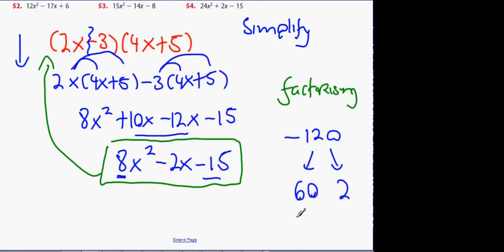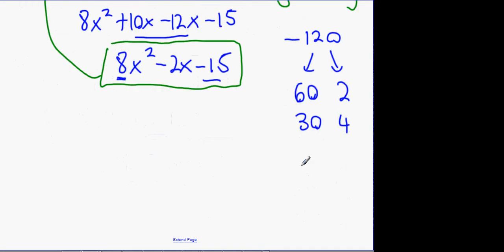Try the next one. 30 and 4. That won't work either, will it? Because we can't get the minus 2. Keep going. Pick another number. 12 and 10. 12 and 10 works. 8 and 15 is another choice, but it won't work either. Now 12 and 10, Connor, which one should be negative, which one should be positive? Minus 12 plus 10.